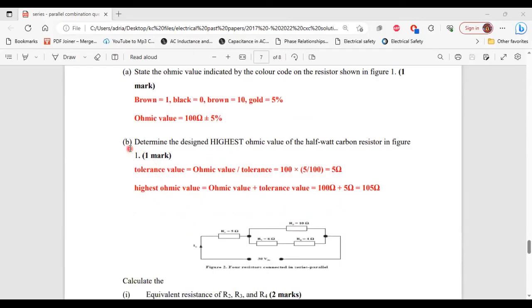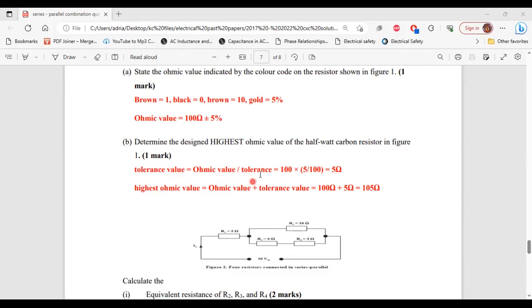For part B, it says determine the designed maximum ohmic value of the half-watt carbon resistor in figure 1. To determine the maximum ohmic resistor value, first we'll have to calculate the tolerance value. So tolerance value is equal to ohmic value multiplied by the tolerance. This slash here shouldn't be here, so this should be multiplying.